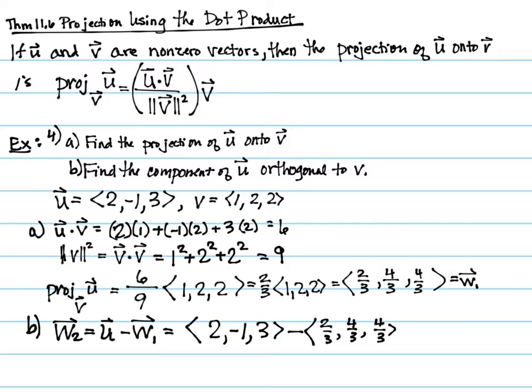So what is 2 minus 2/3? That one's 4/3. How about -1 minus 2/3? Or sorry, -1 minus 4/3. -7/3. And the last one is 3 minus 4/3. 5/3. Okay, any questions on that?